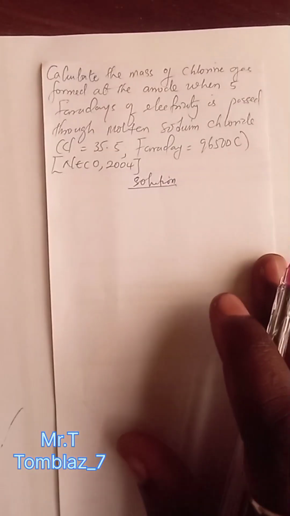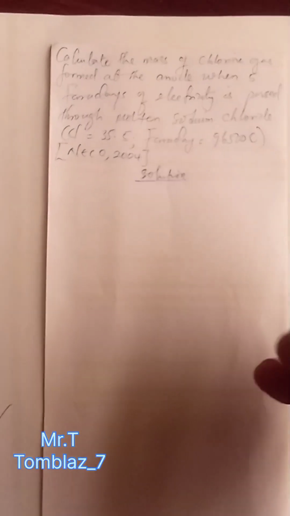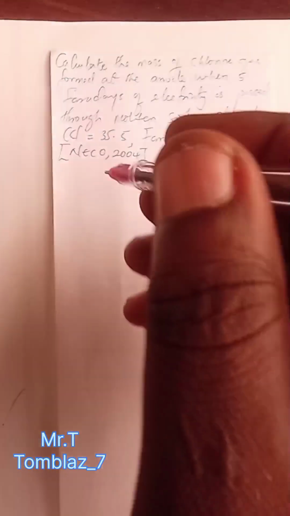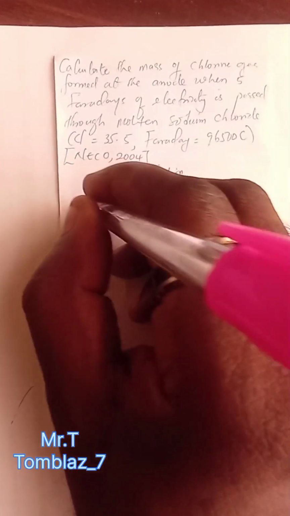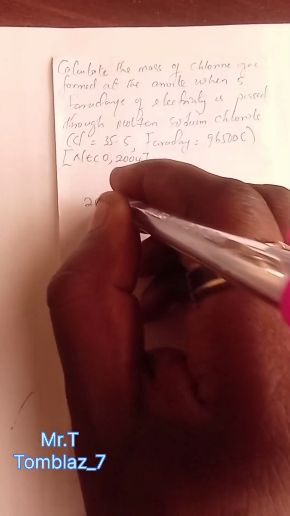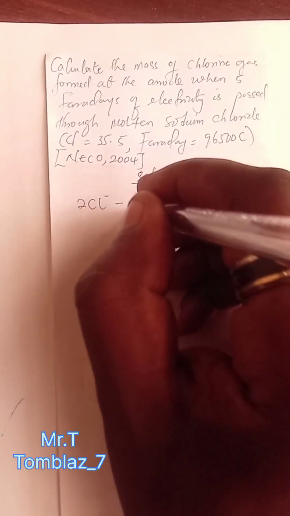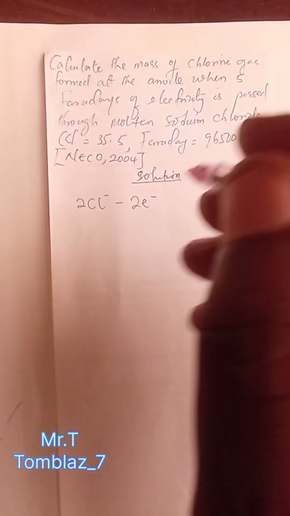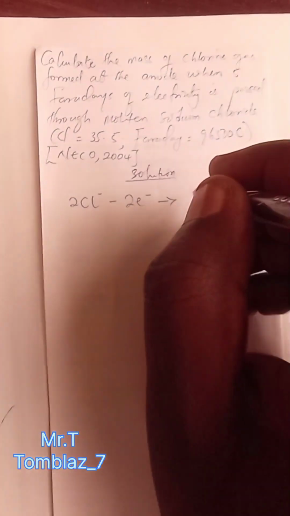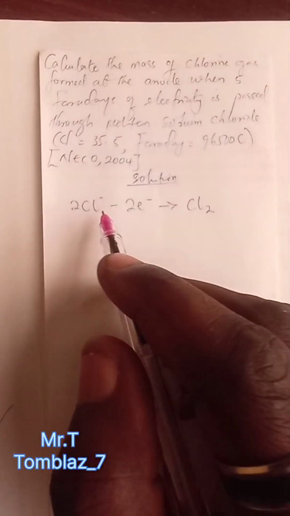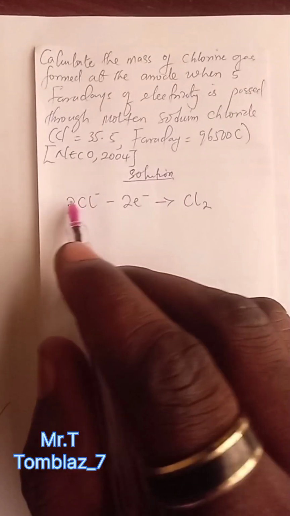The first thing for us to do is to write the ionic equation of this problem and then balance it. First, you have chloride ion, and the electrons it is losing, and then you have chlorine gas. So you just balance the equation.